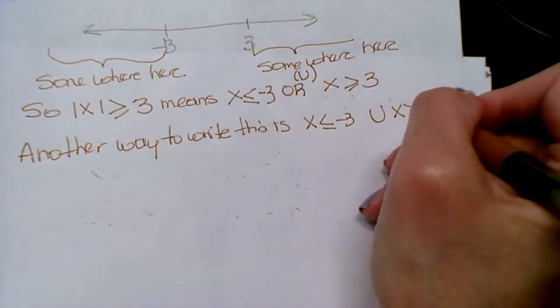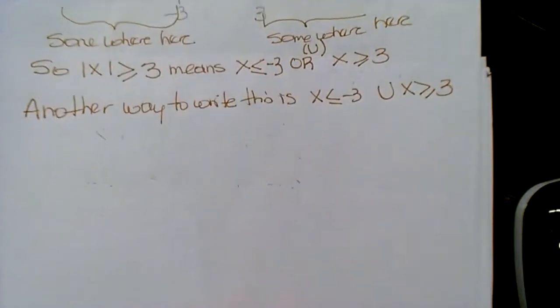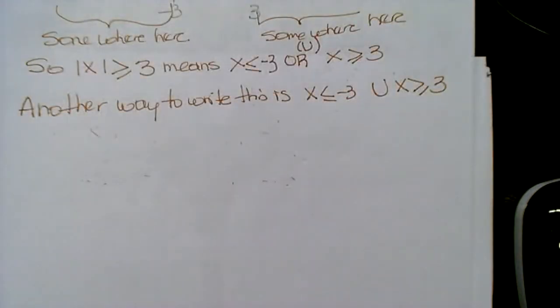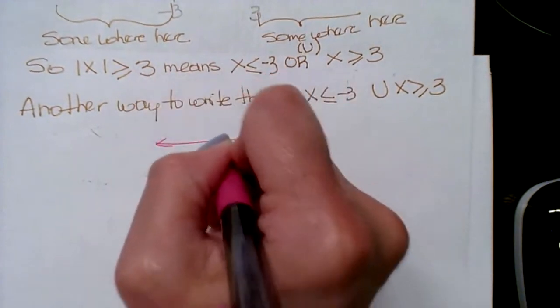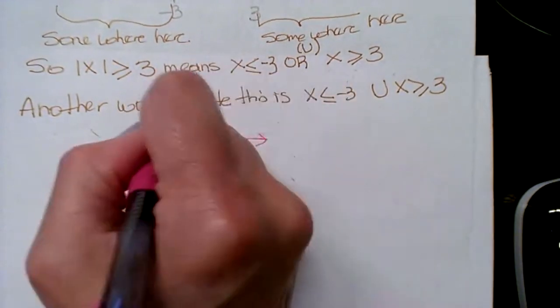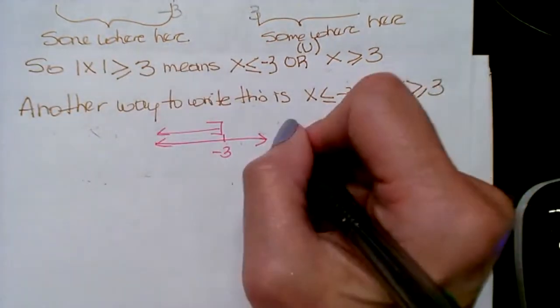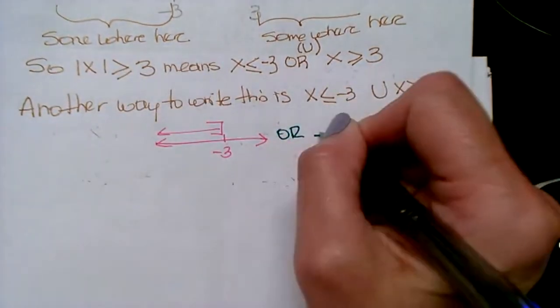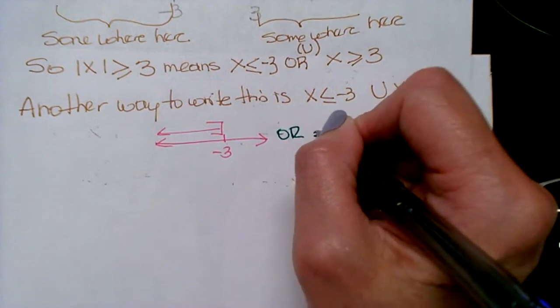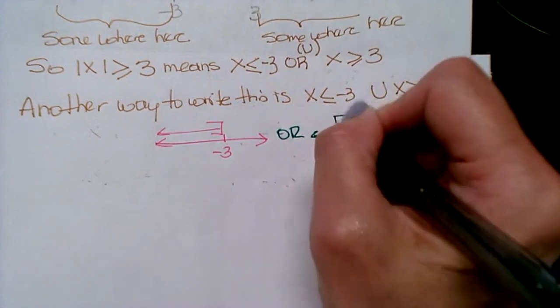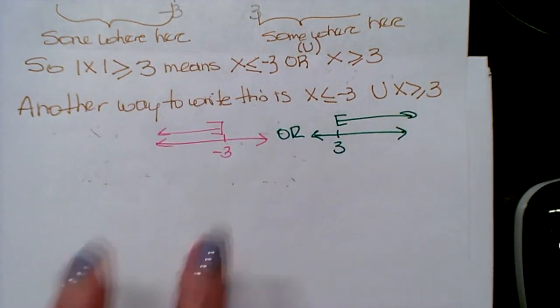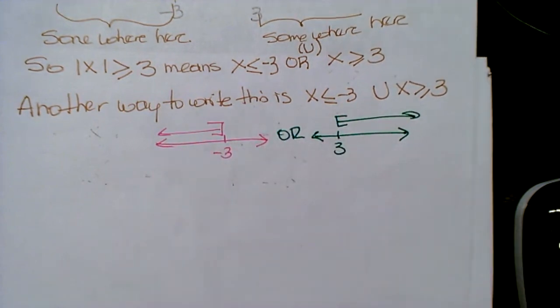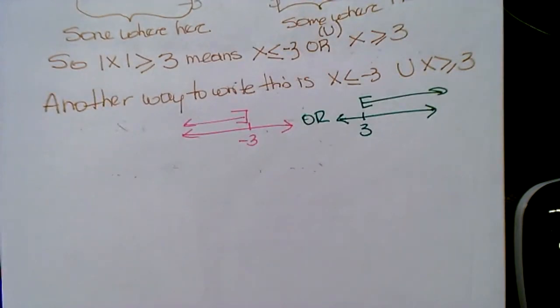U. So it's going to be this way, and this one is going to be this way. So it's going to be either this piece or this piece. Now let's try the exercises.